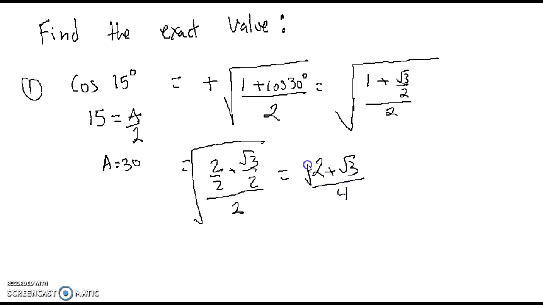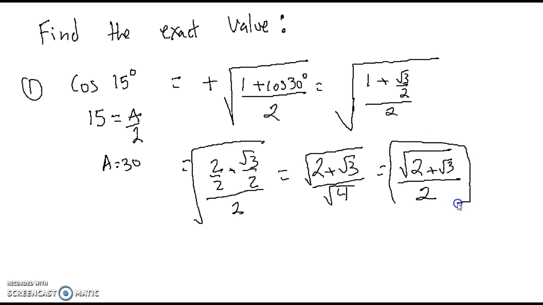So it's actually going to be over 4. And at this point, I'm going to separate the radical sign. And what I'll be left with is the square root of 2 plus root 3 all over 2. So we could check this if we had a calculator. You could easily plug in 15 degrees and get an answer. You can plug this guy in and get an answer.